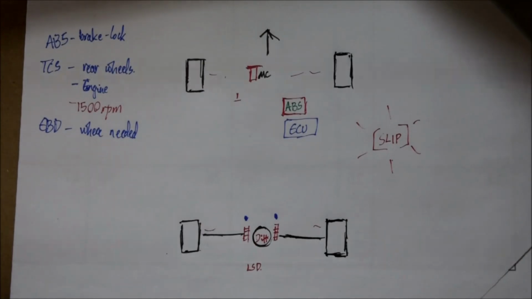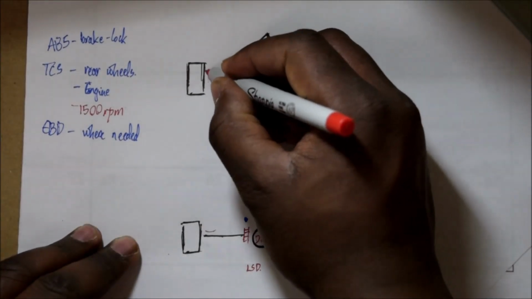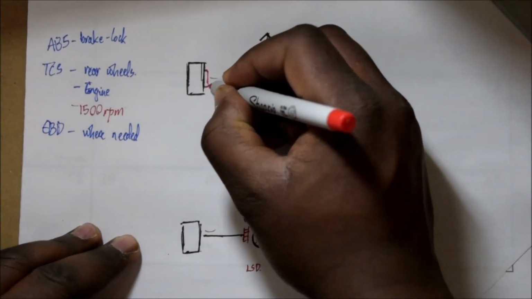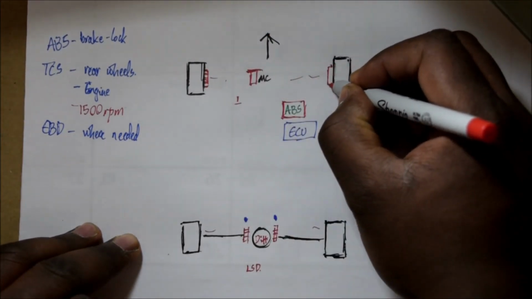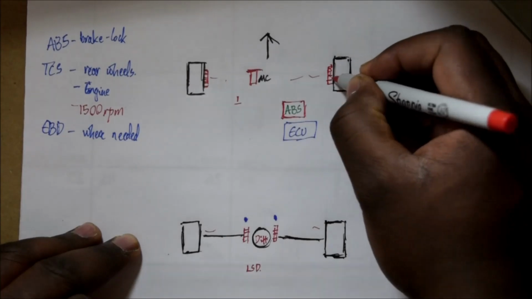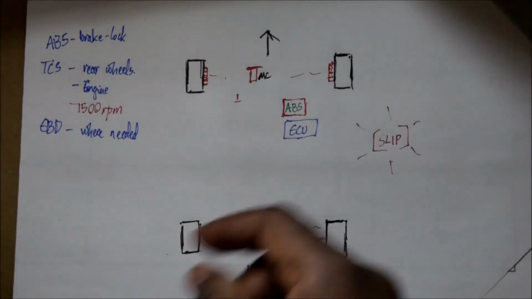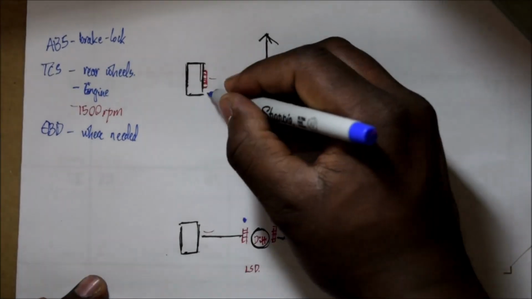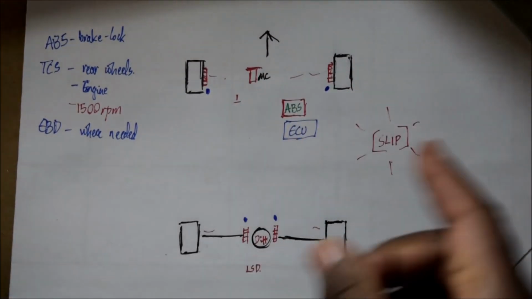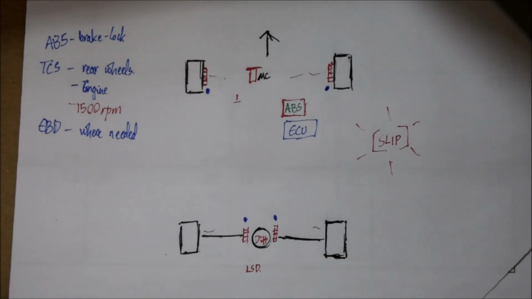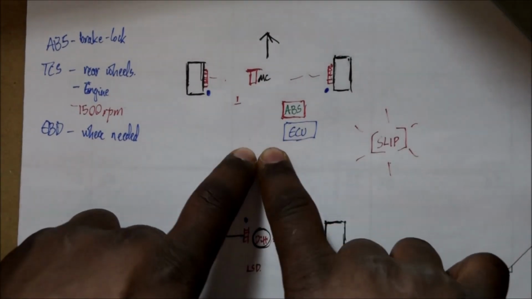What I did not label earlier was that the front wheels also have, well, first let's just mention the differential here, because I did mention if they're spinning at different speeds, and I did not really mention how you know that. The front wheels usually have wheel speed sensors mounted on the bearings as well. So, EBD basically sends power where needed.